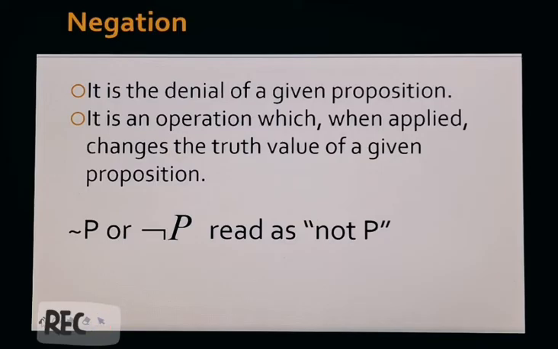Before that one, let us discuss first negation. When we say negation, it is the denial of a given proposition. It is an operation which, when applied, changes the truth value of the given proposition.